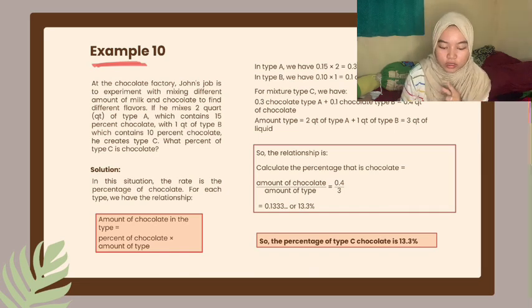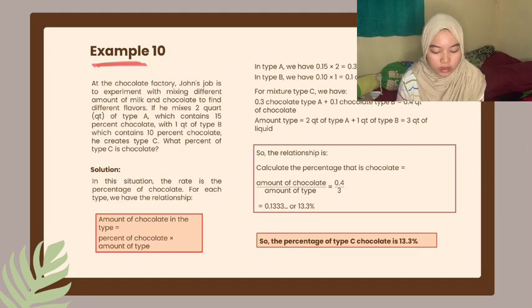Solution. In this problem, the rate is the percentage of chocolate. For each type, we have the relationship: amount of chocolate in the type equals percent of chocolate times amount of the type. In type A, we have 0.15 times 2 equals 0.3 quart of chocolate.